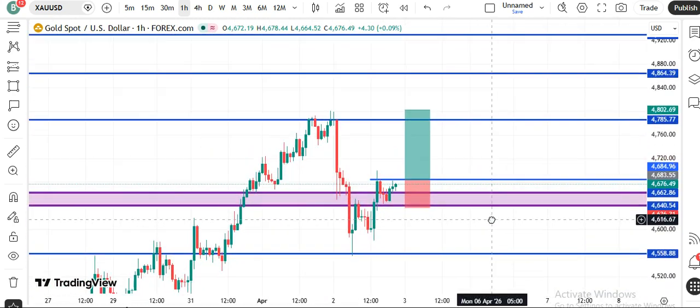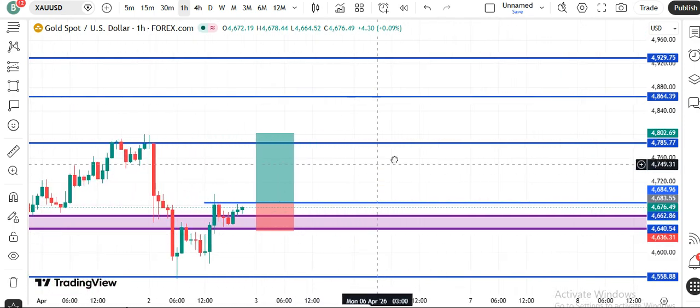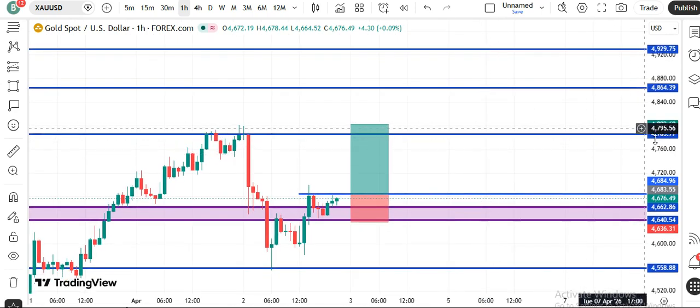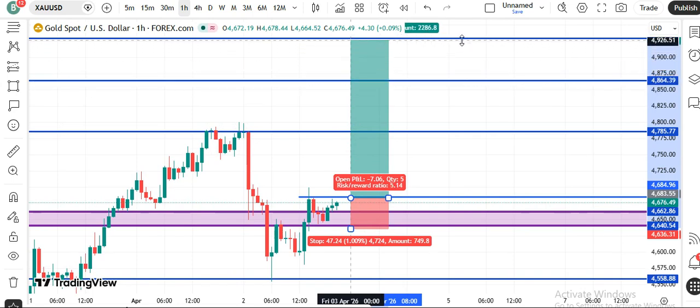So I'm just cross-checking to the left so I can mark some of the immediate key levels so that we can see if we can hold it.